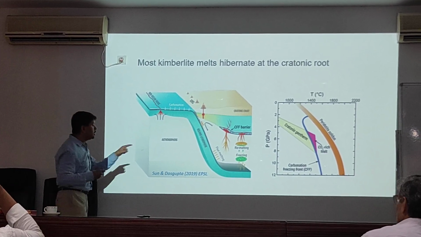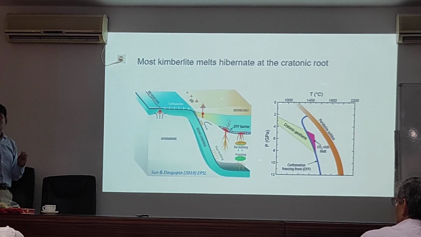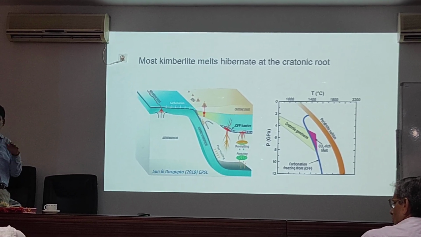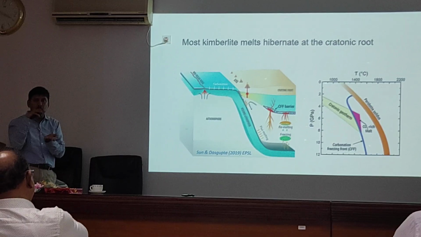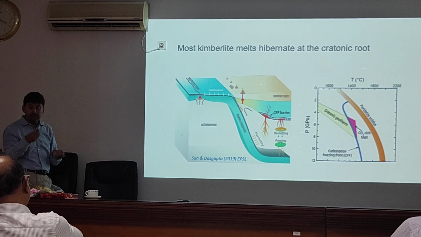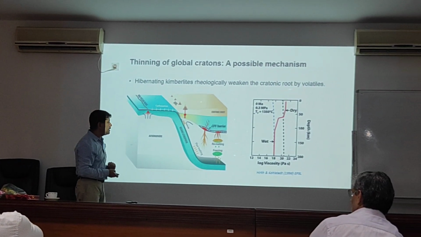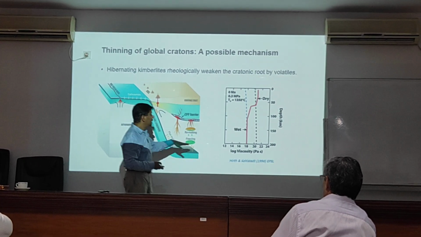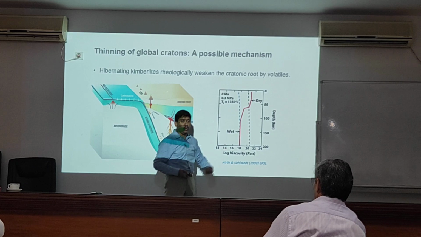But in the process, because the kimberlitic melts are relatively CO2- and water-rich, they can supply water to the base of that relatively buoyant lithospheric mantle and rheologically weaken it. There is this classic study by Hirth and Kohlstedt which showed that the viscosity drops a lot going from dry olivine to wet olivine.